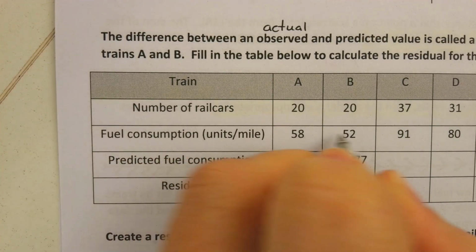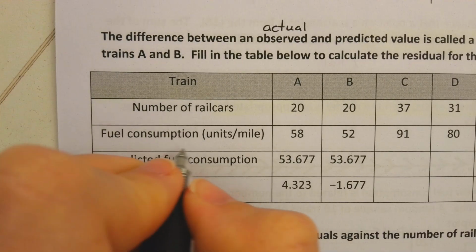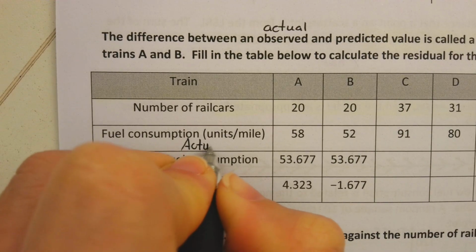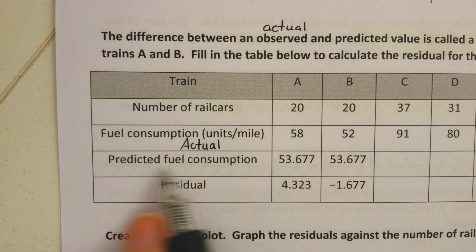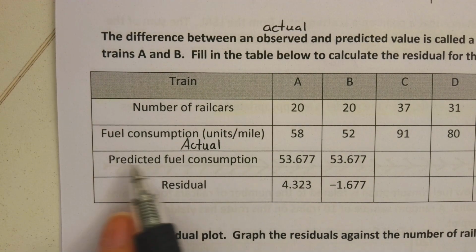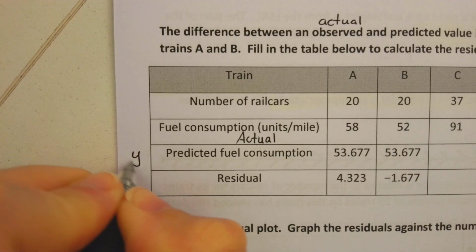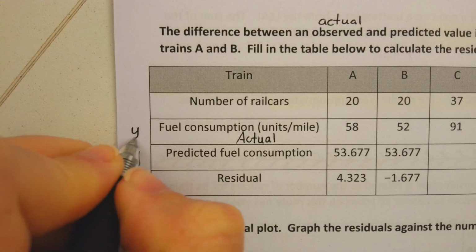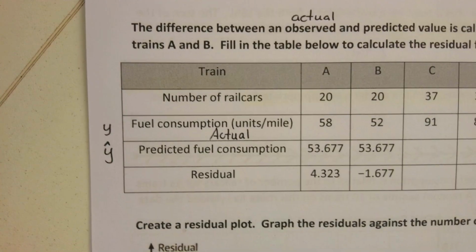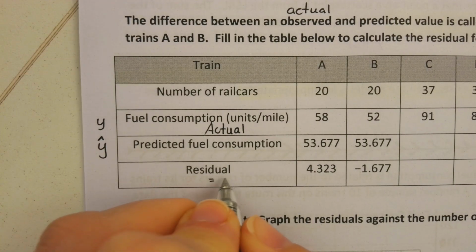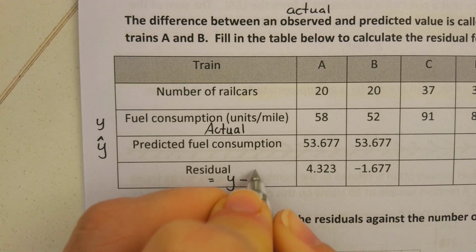This fuel consumption that's filled in all the way across is our actual fuel consumption. Predicted is this one here. This is what the equation predicts it to be, which is technically your y hat value, and this is your y value. So when we calculate the residual, we're going to be calculating y minus y hat.